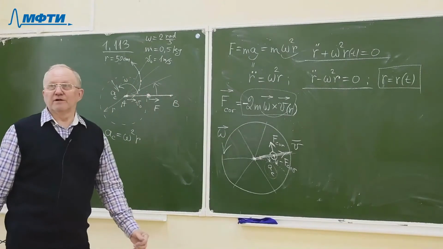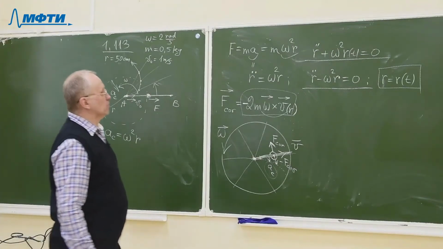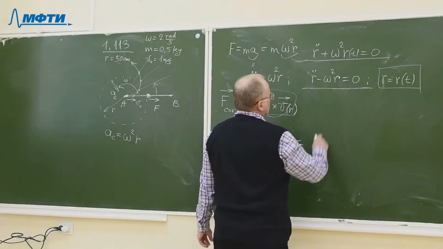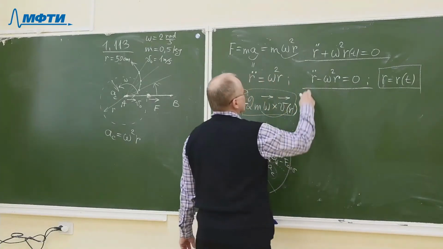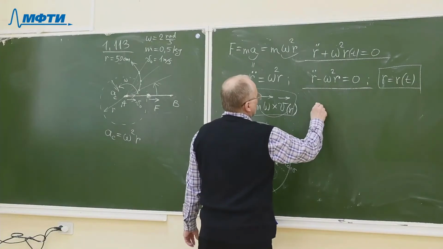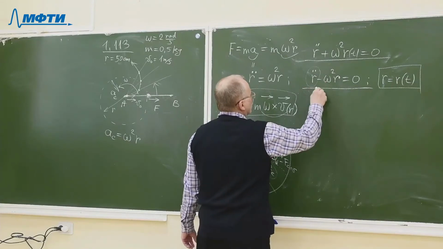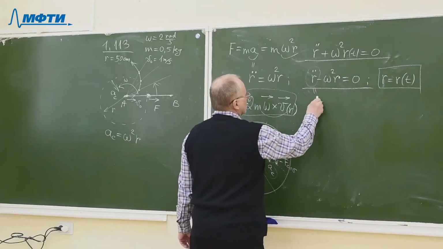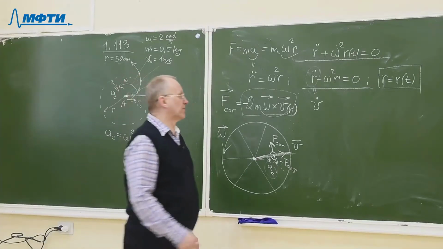What is v? V is the first derivative of r, right? So the second derivative of r, which is here, is actually v dot. That is, the first term here equals v dot, the first derivative of velocity with respect to time.